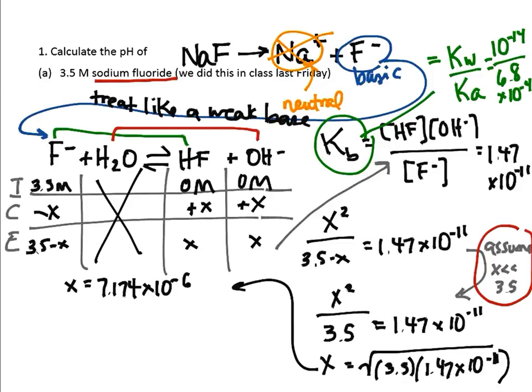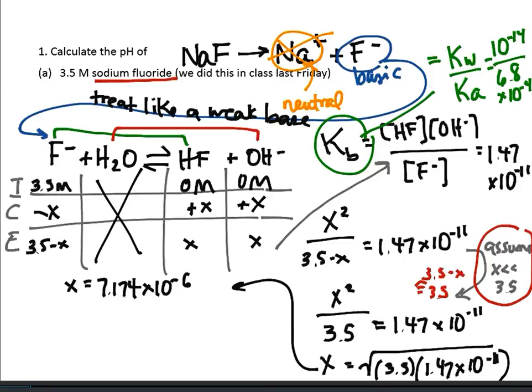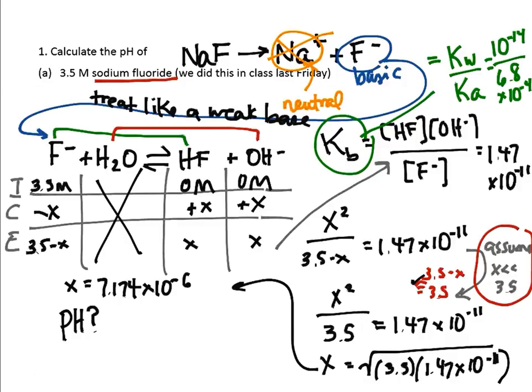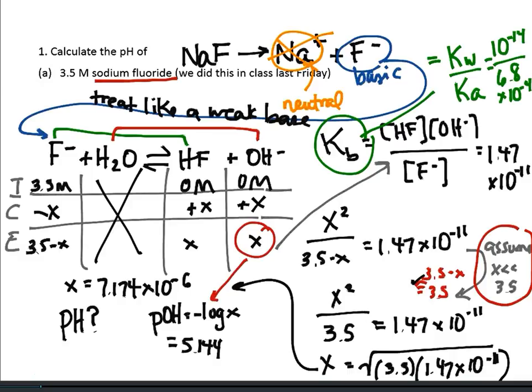At this point, you can check your assumption. And 3.5 minus this X value, when you round it, is equal to 3.5. So if we look back, the pH is related to hydrogen ion concentration, but remember that our X is equal to the hydroxide ion concentration. So we're going to start by calculating pOH, which is the negative log of X, which is 5.144.